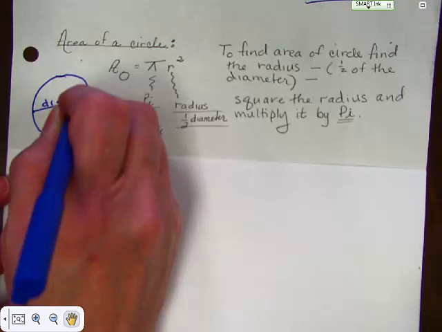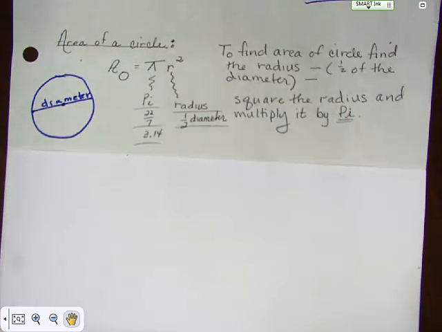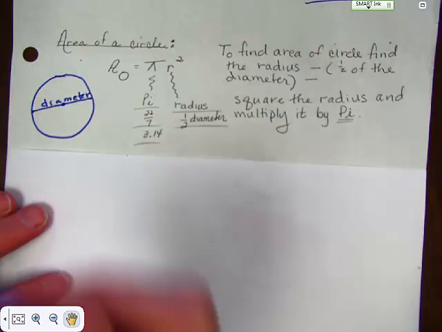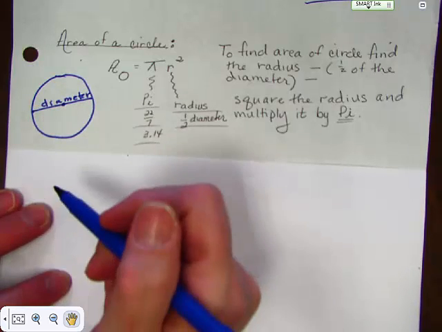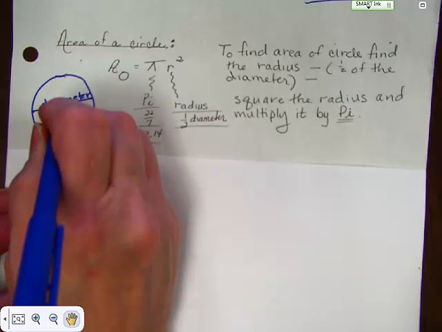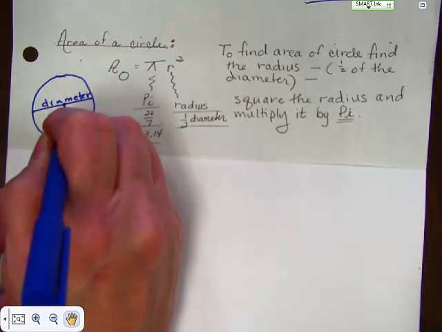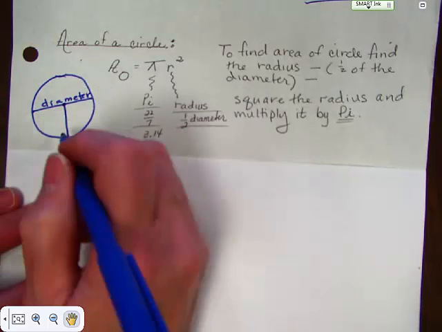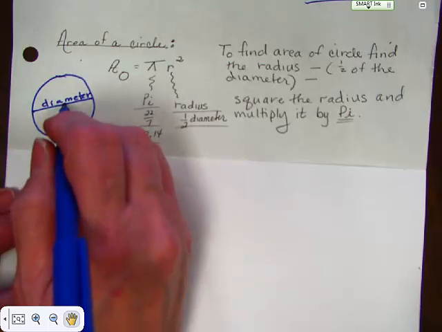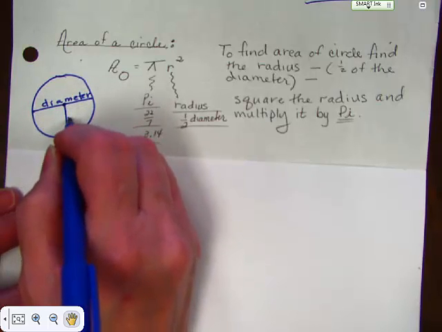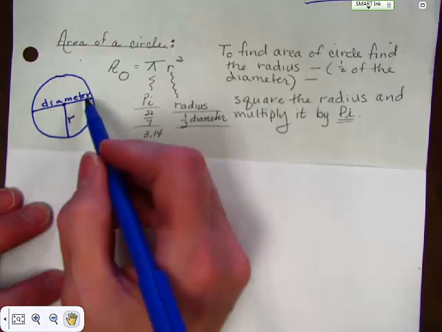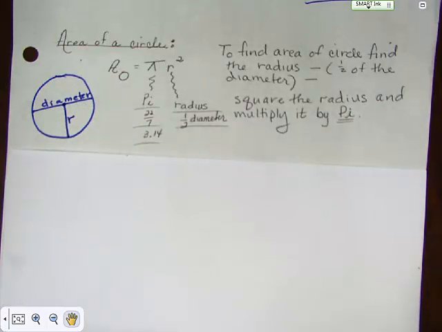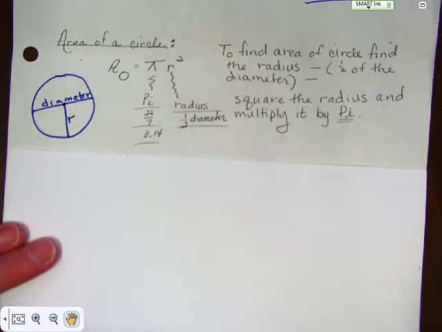All the way across the circle through the center. If you're looking for the radius, then you're going to have to take half of this to find the radius. So I'm going to draw a line right here, and this is just from the outside to the center, and this is the radius. If you're given a diameter, all you have to do is cut it in half. If you're looking for the diameter and you're only given the radius, then you have to double it.